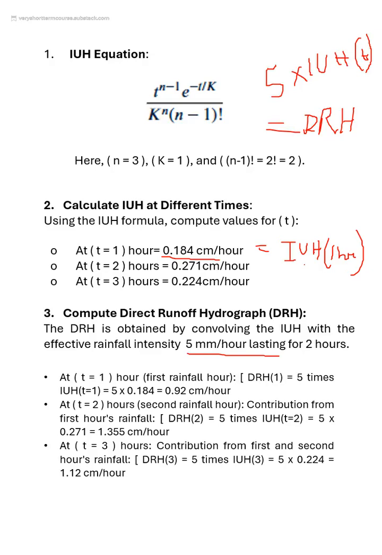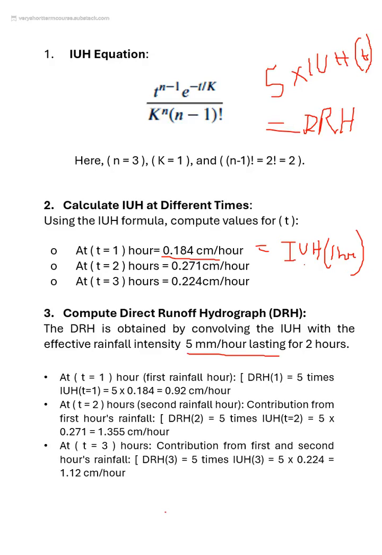Then T equal to 2 hours, I get the ordinate of 2 hours. 3 hours, I get the ordinate of 3 hours, and I can easily draw the hydrograph at the outlet. Correct? So it will become 0.92 after the first hour.